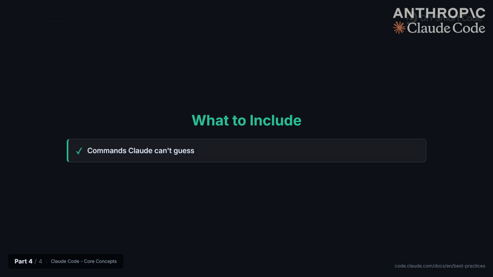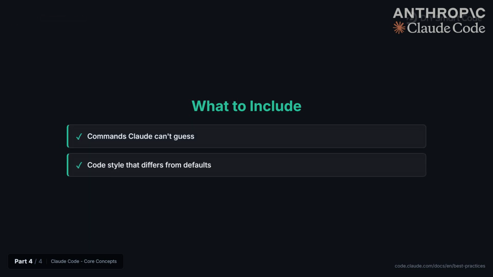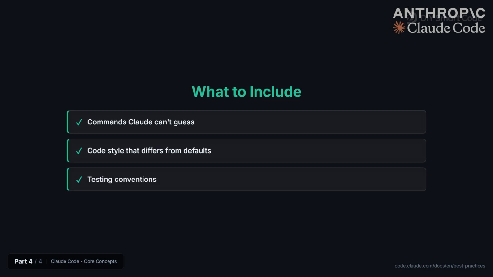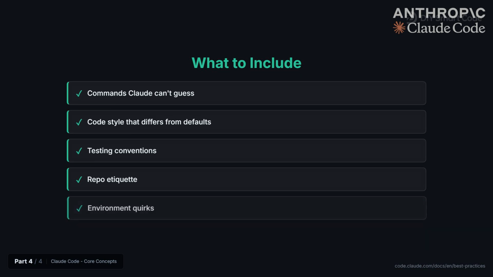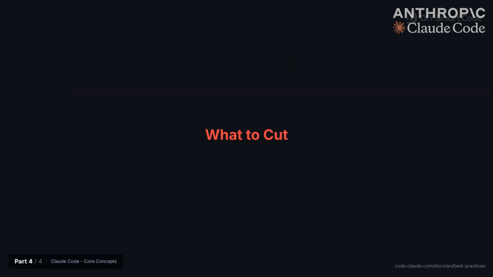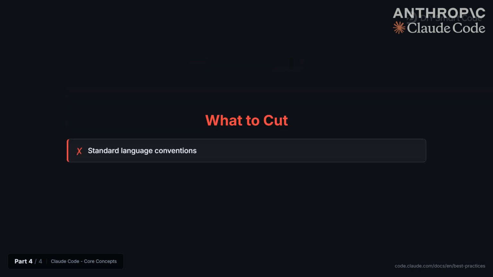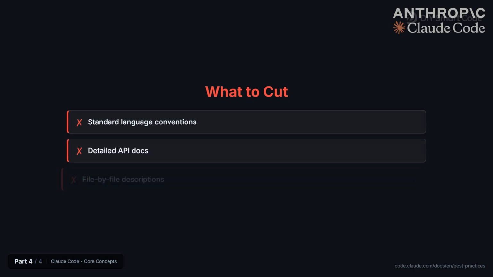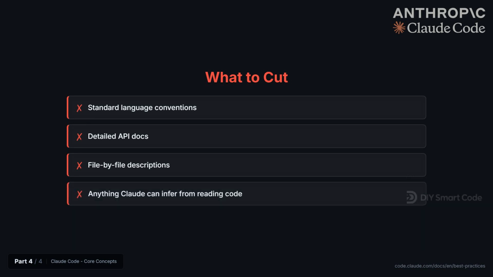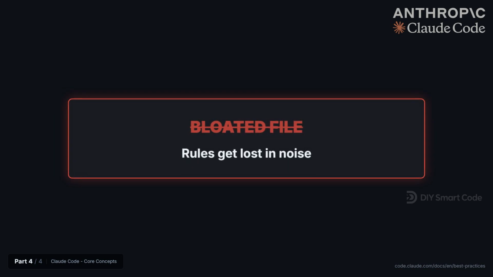Commands Claude can't guess, code style that differs from defaults, testing conventions, repo etiquette, environment quirks. What to cut: standard language conventions, detailed API docs, file-by-file descriptions, anything Claude can infer from reading the code. If Claude keeps ignoring a rule, your file is probably too long. Rules get lost in noise.